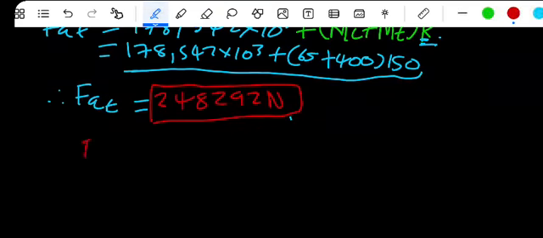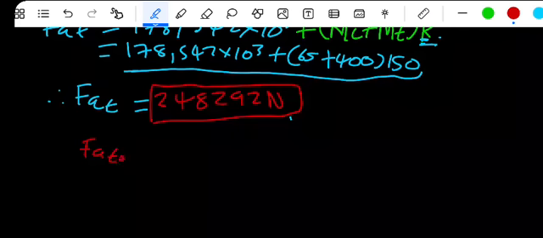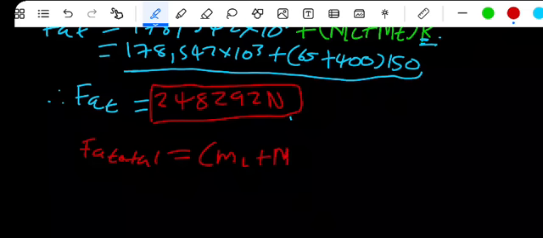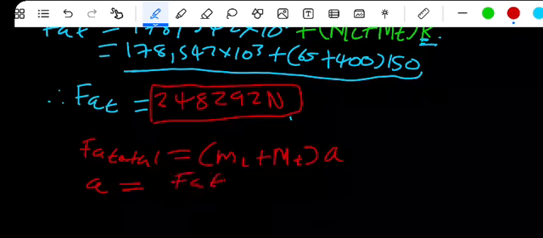So we have the mass of the locomotive plus the mass of the tracks multiplied by the acceleration. You want the acceleration, so we divide both sides by this. We'll have FA total, the one that we calculated above, divided by the mass of the locomotive plus the mass of the tracks.